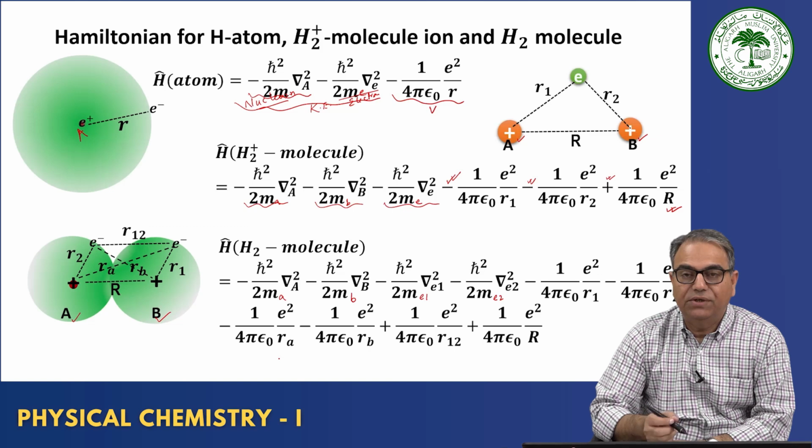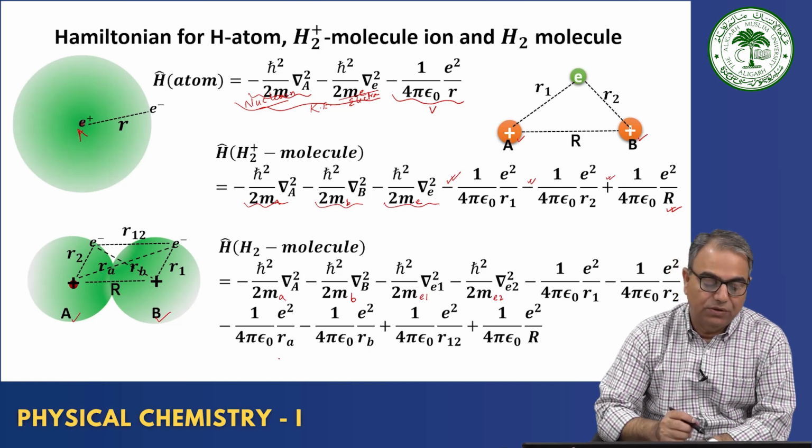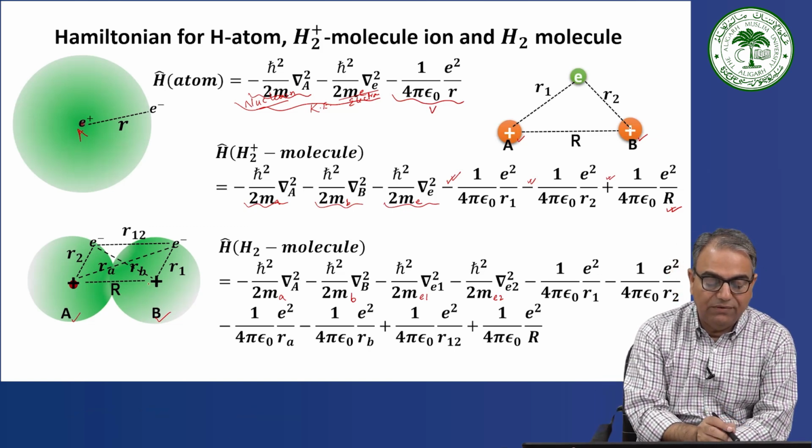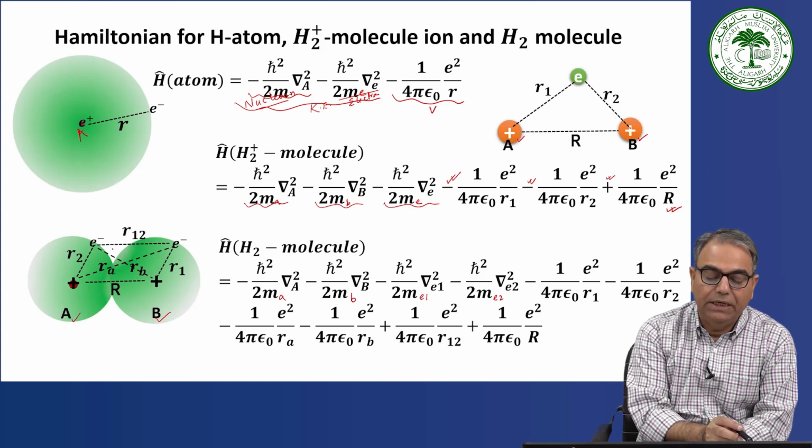Now how many kinds of interaction are possible? You have 2 nuclei, so there will be internuclear repulsion. You have 2 electrons, so there will be inter-electronic repulsion also.